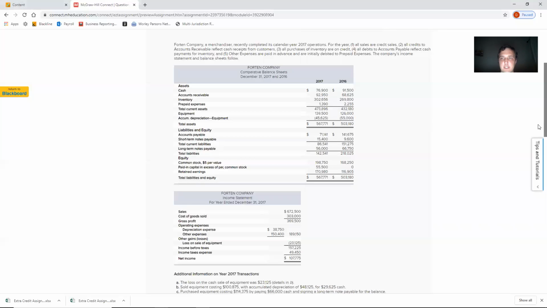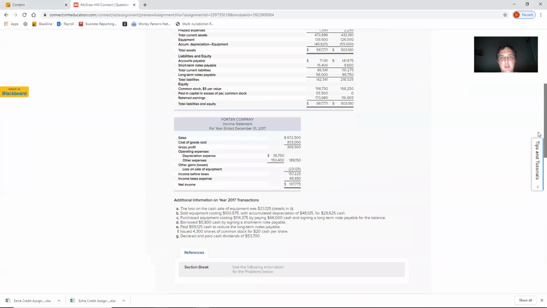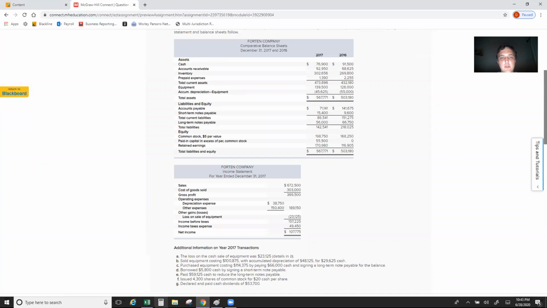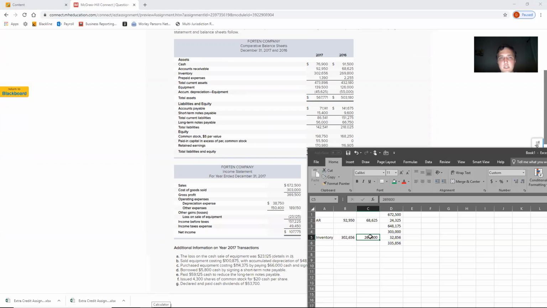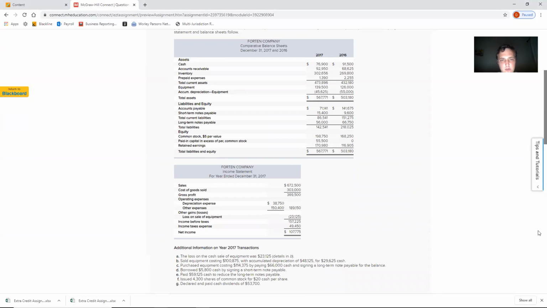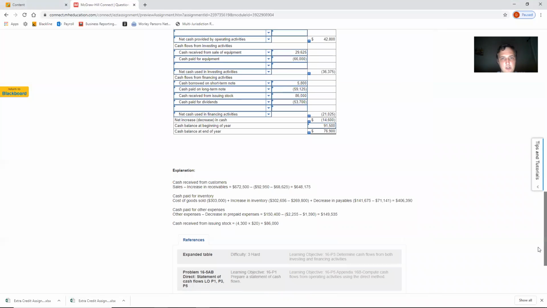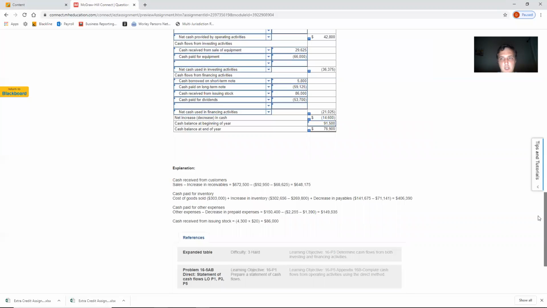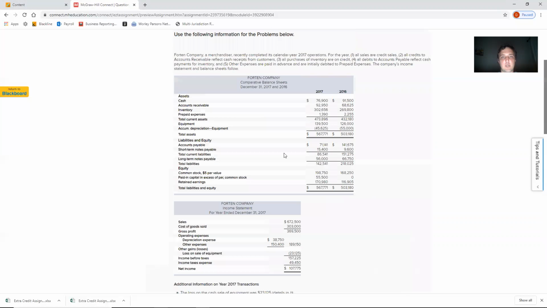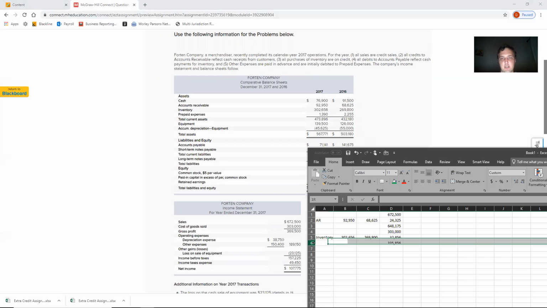So that's going to increase how much we paid out. But our AP comes into play as well. We decreased our accounts payable, so we paid more into that period.